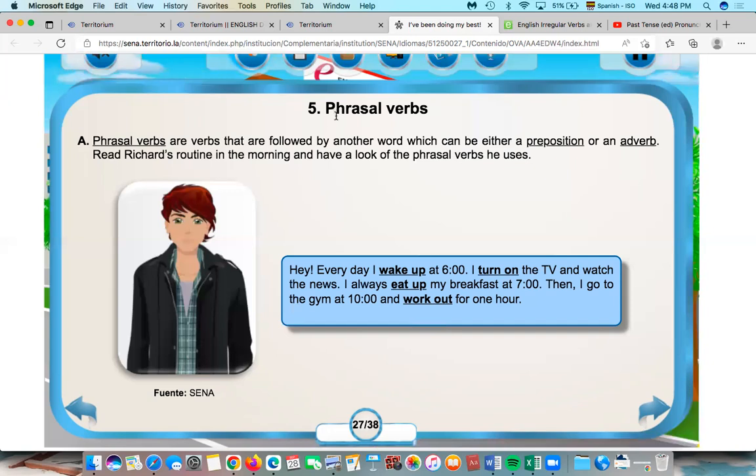So for phrasal verbs, it's the same thing. This unit is about a lot of vocabulary. With phrasal verbs, sometimes it has a literal meaning and sometimes a figurative meaning. For example, when you say look up, it's literal: look up at the sky, up at the roof.